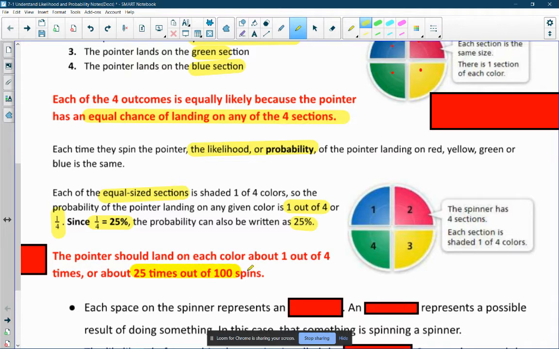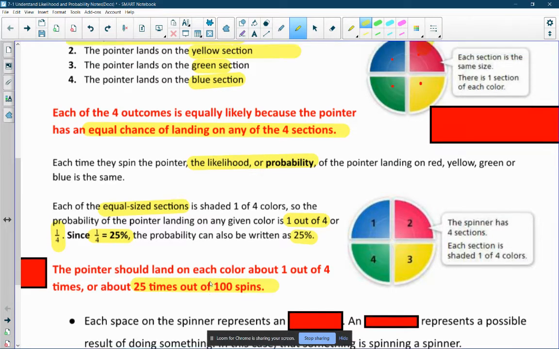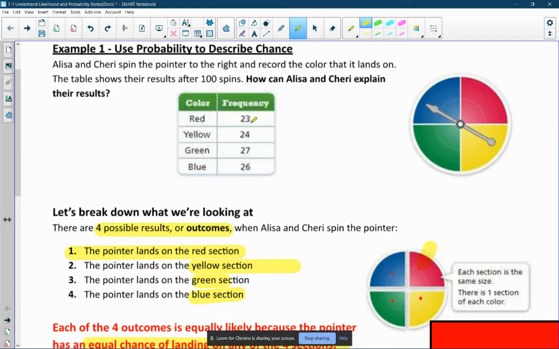Let's look at that table again. We should see numbers around 25: 23, 24, 27, 26. They're all around 25. There we go, a 1 out of 4 chance, so around 25% for each space.